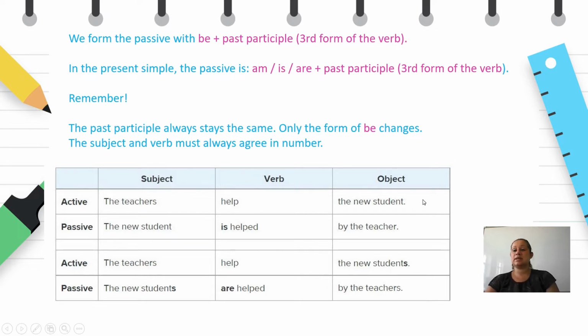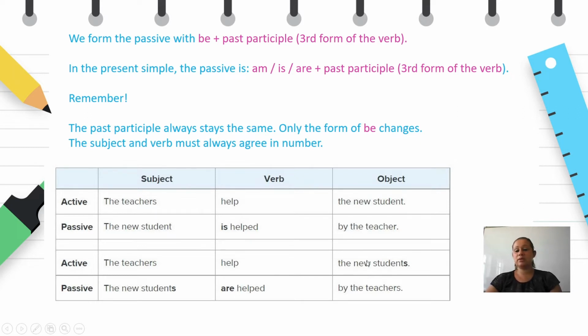Let's look at the examples in the table. The active sentence is, the teachers help the new student. The teachers is the subject in the sentence, help is the verb, and the new student, object. Now the passive sentence would be, the new student is helped by the teacher.